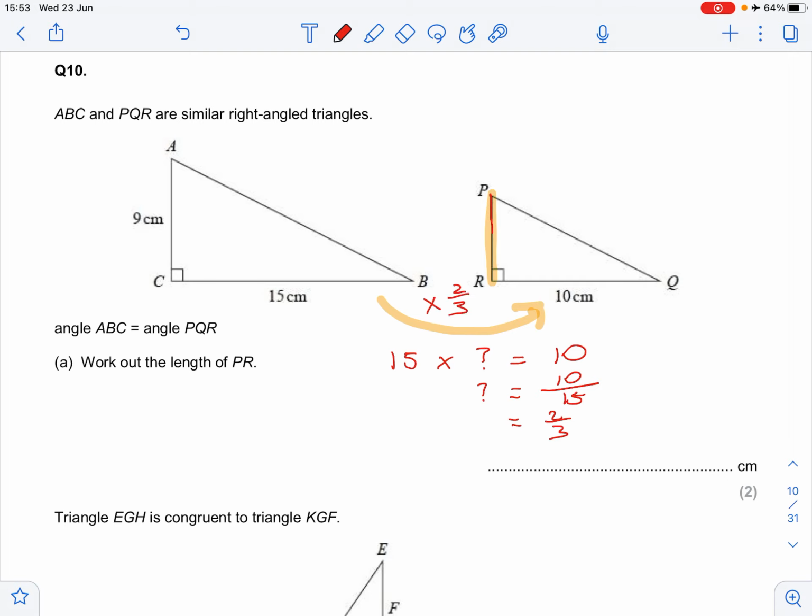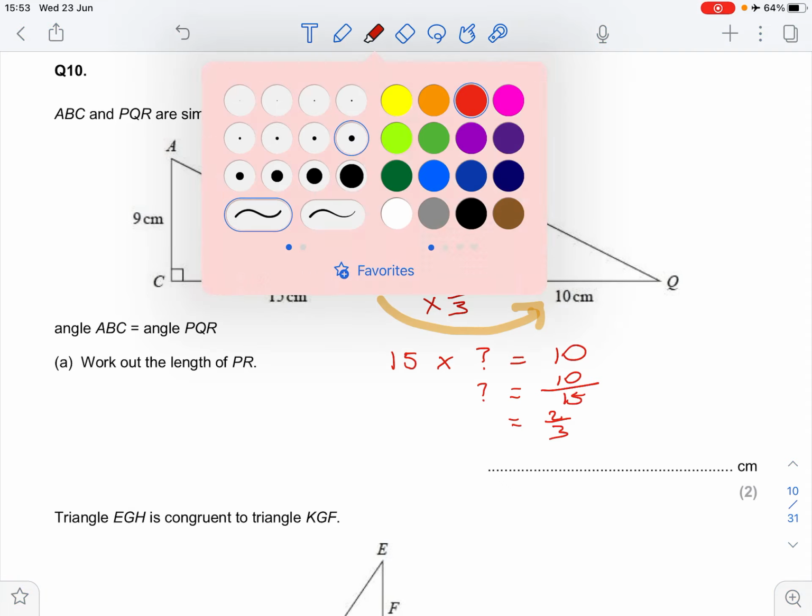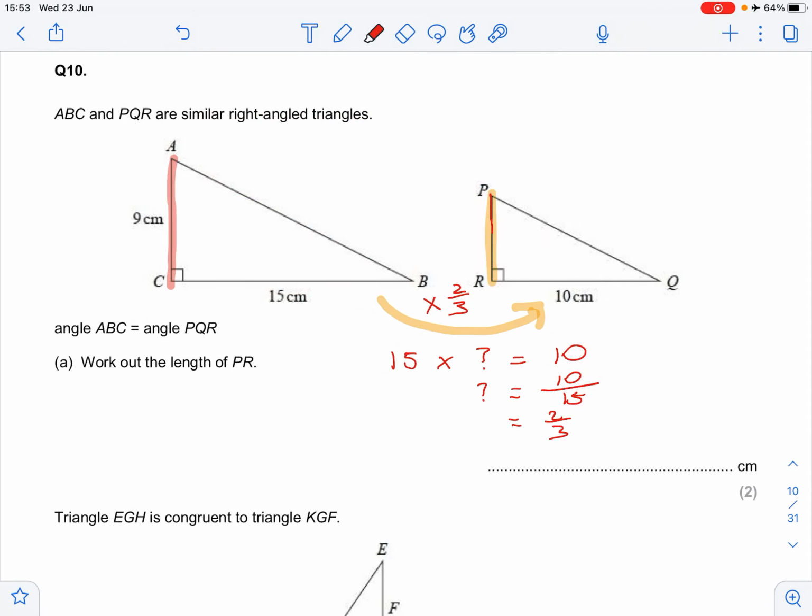That is our scale factor. Therefore, this length, they are similar, so this length is the same as this length here. Therefore, it's also 9 multiplied by 2/3, which is 6.